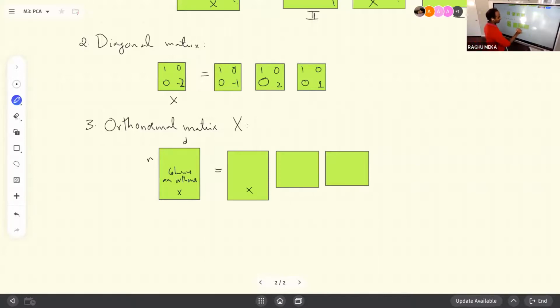Okay, so this is x, identity, identity. And you can see that all conditions are satisfied just by definition. We know the columns of x are orthonormal, and I have the product equals that.